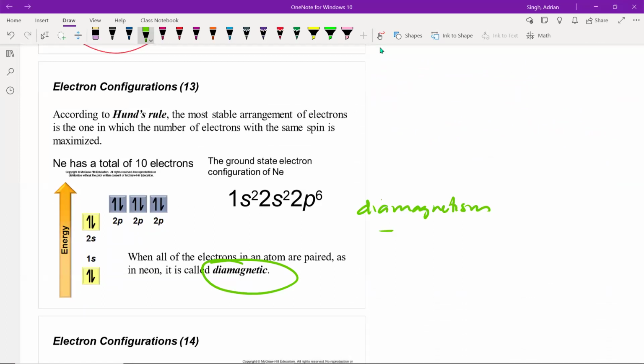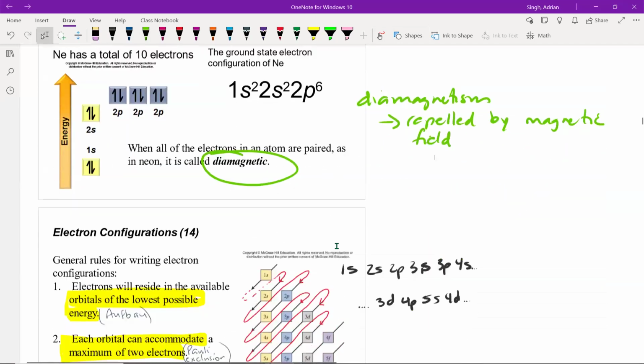Instead of being attracted to a magnetic field, diamagnetic substances are actually repelled by a magnetic field. So again, this is a property of a substance inherently linked to the electrons, and specifically whether they are spin up, spin down, or paired up.